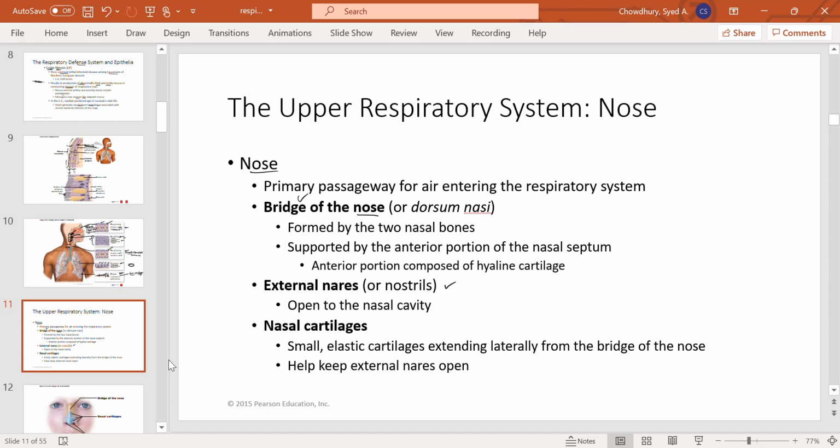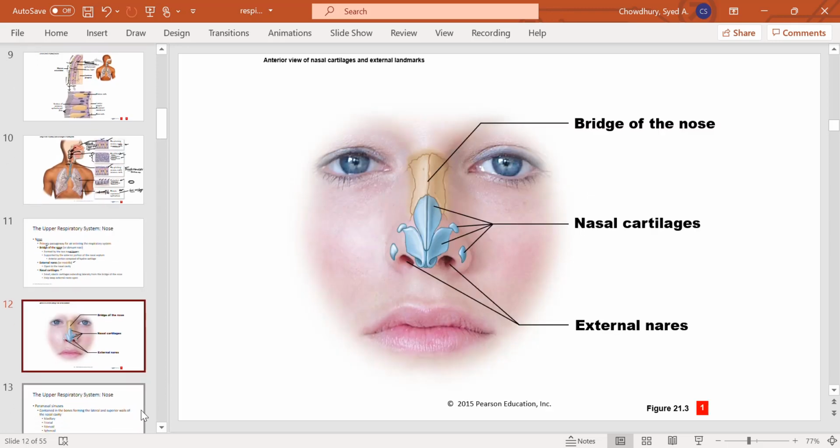And external nares or nostril is the opening, and then the cartilages. If you press the lower part of your external nose with your fingers, you can feel the soft cartilaginous part, right? So upper part is hard bony formed by the nasal bones, and lower part is cartilaginous that you can easily move, that has elastic cartilages, few pieces of elastic cartilages, and that's why you can easily move it.